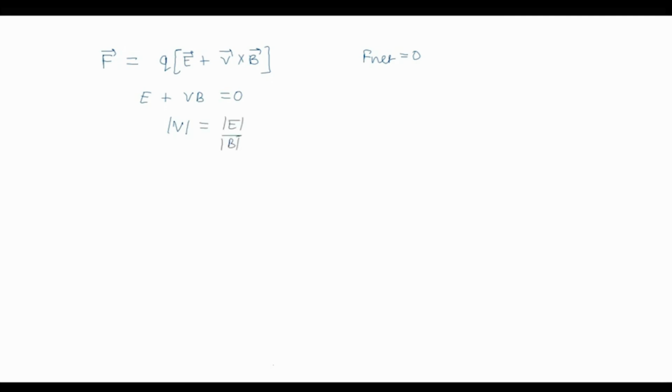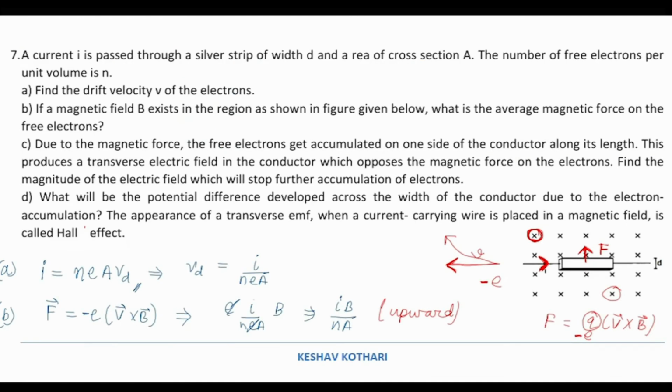So we can write an expression like this. This expression is also applicable in the concept of the velocity separator device. So over here we use this expression that the magnitude of V is equal to E by B. Now if the electric field E is developed, the value is going to be equal to the velocity times B. The velocity value is I upon nEA.